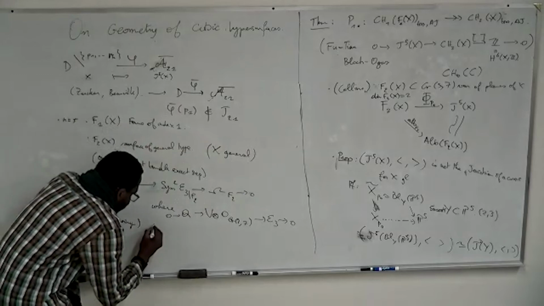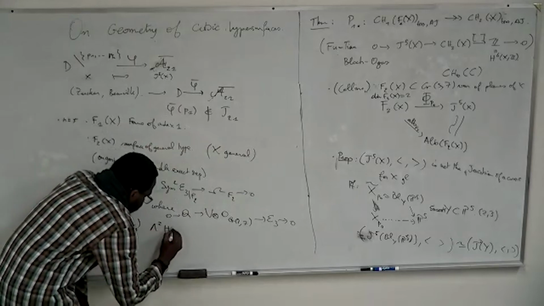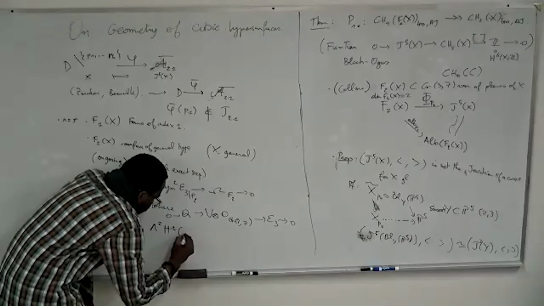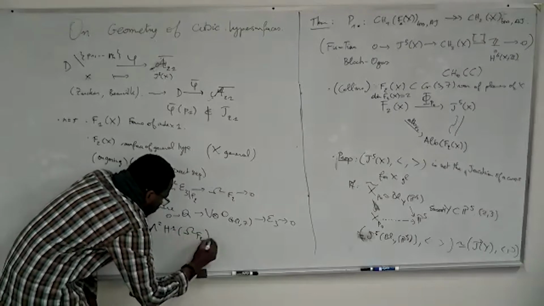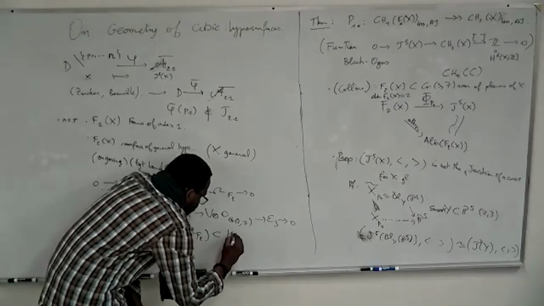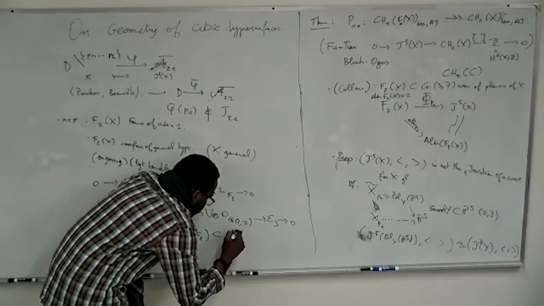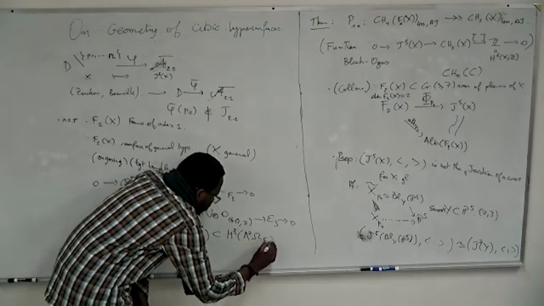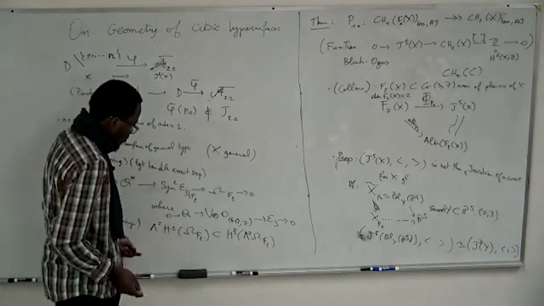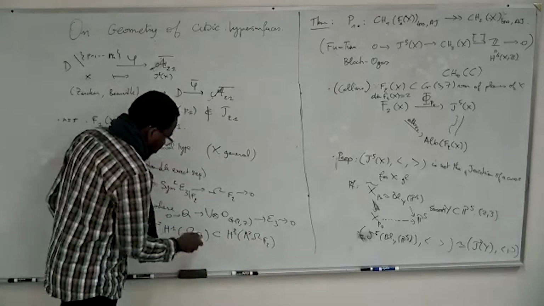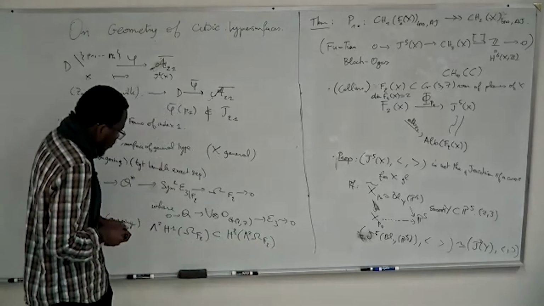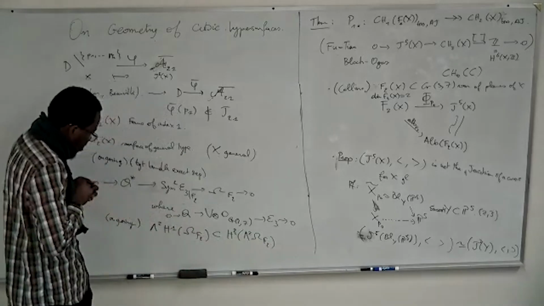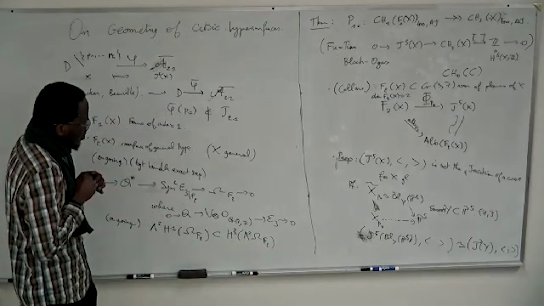So what is known again? We have something like that. Something about the cohomological property, the property of the cohomology of the surface, which is quite natural.